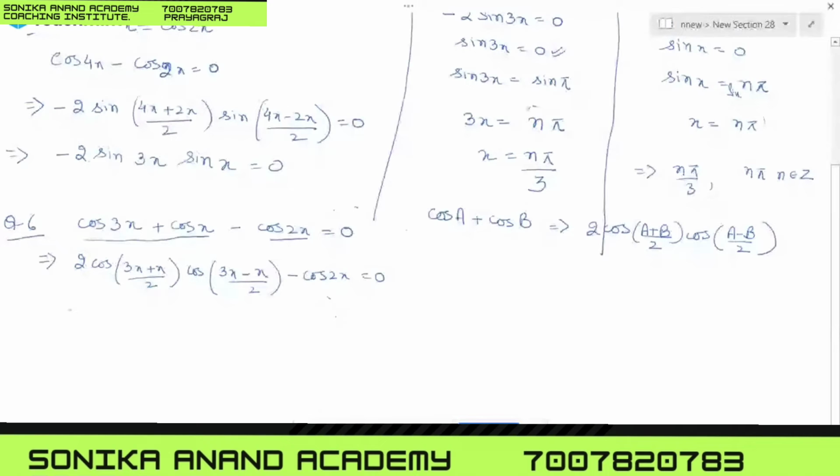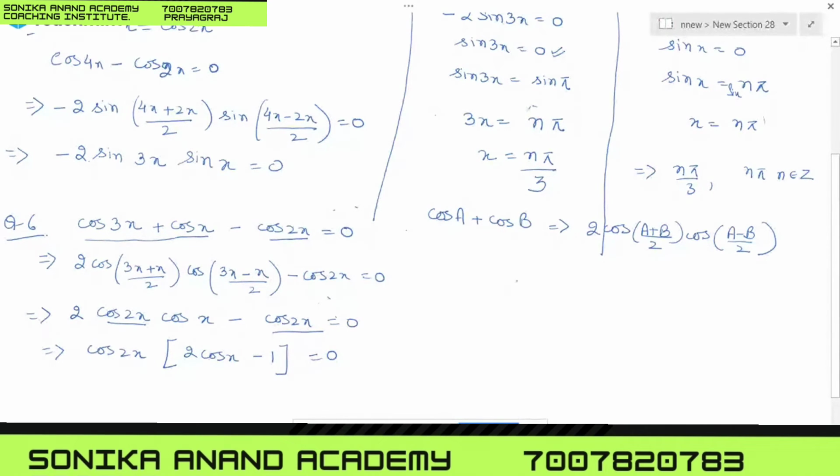Then tell me the answer. 2 cos 2x cos x minus cos 2x. Now we can see that we have a common factor cos 2x, so we can take out cos 2x.